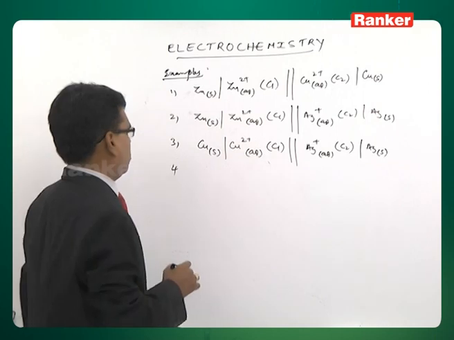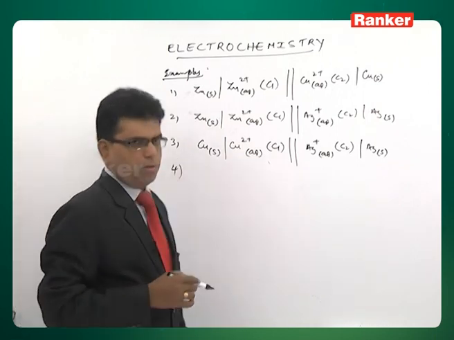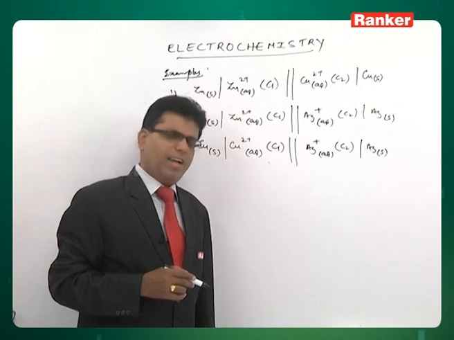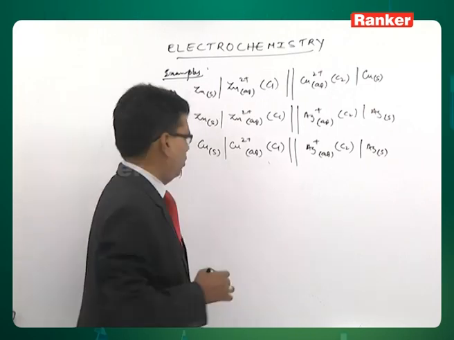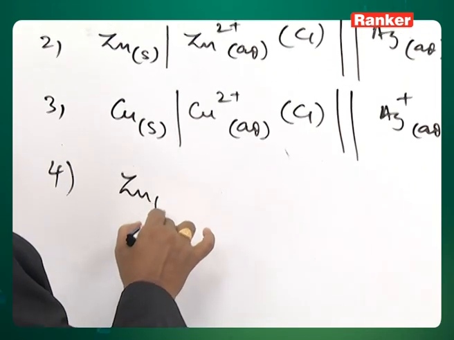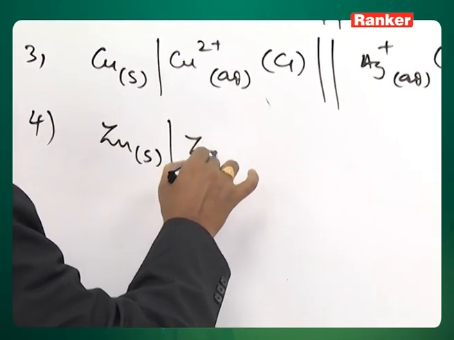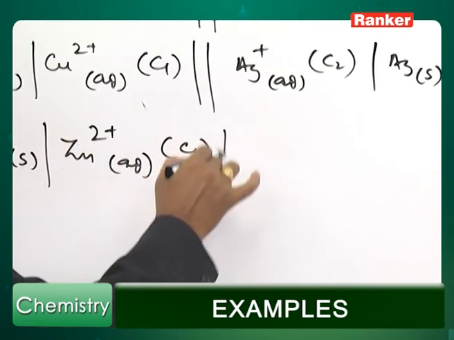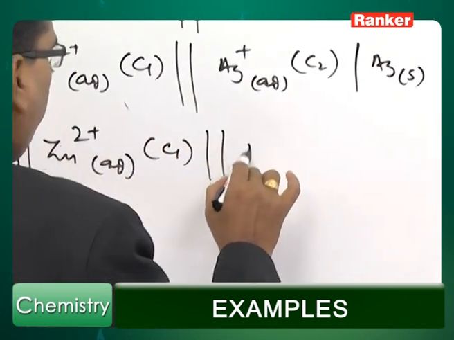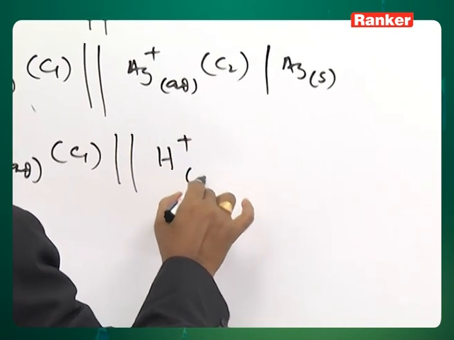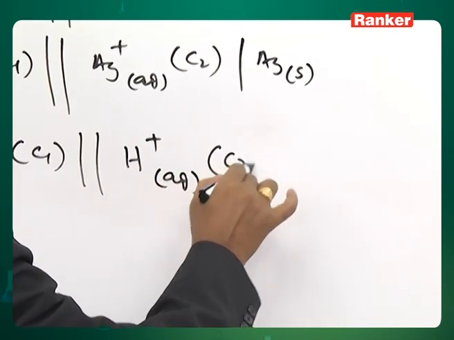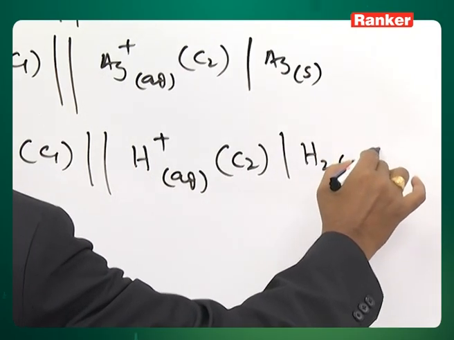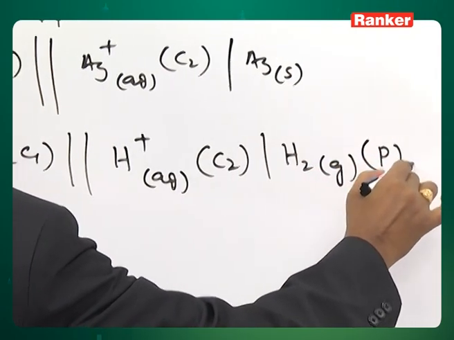Metal non-metal combinations, if you take the hydrogen electrode first, suppose you compare zinc and hydrogen, again zinc is more electropositive. So, then it will be this is how you have to represent the pressure of the hydrogen gas.